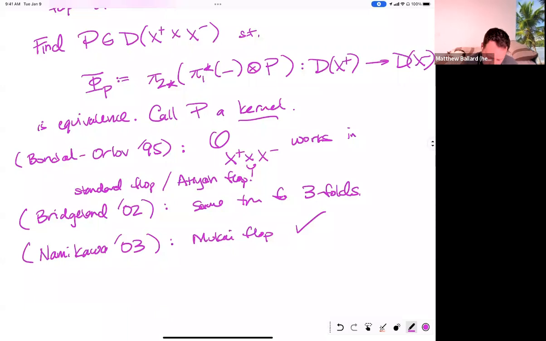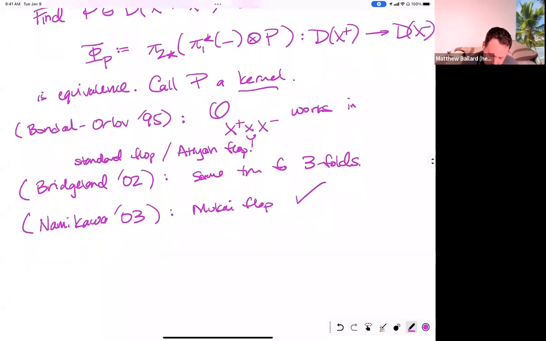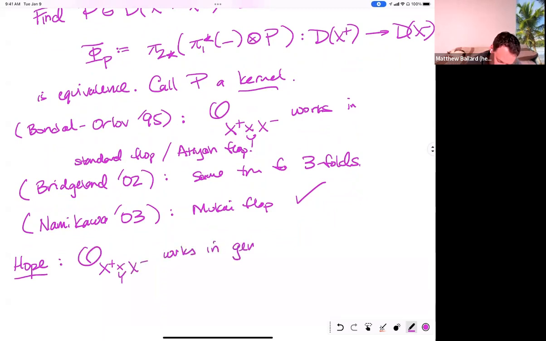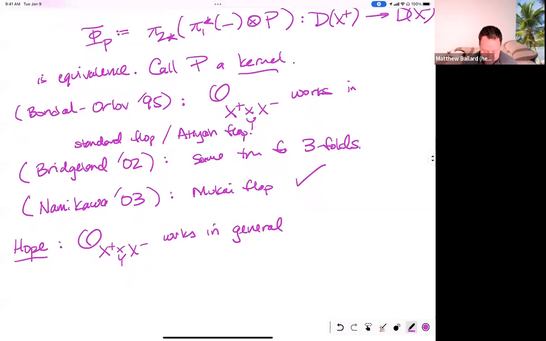Okay, so we have a building body of evidence that we can maybe have a hope, one can always hope, that this works in general. It gives you an equivalence for any choice of flop.